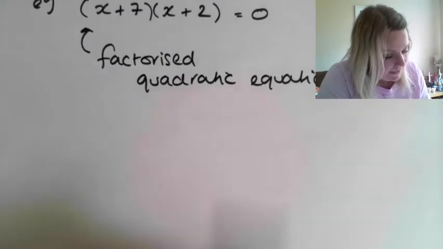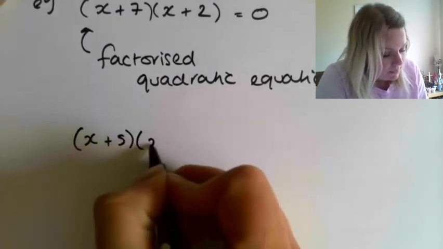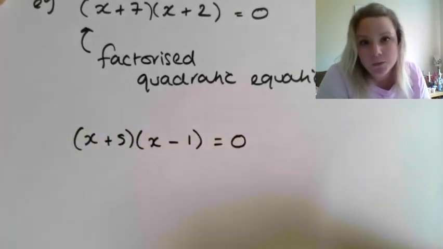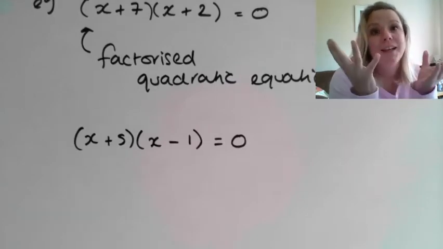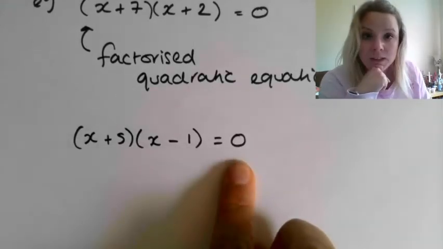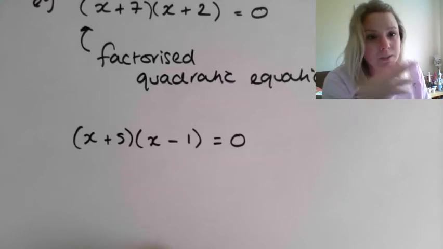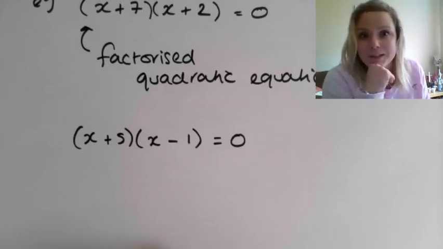So say I had x plus 5 and x minus 1, and that was equal to 0. Remember, if you have two things multiplied together and the result of that is 0, then at least one of those things has to be 0, because if you're multiplying things and the answer is 0, there just has to be a 0 involved.